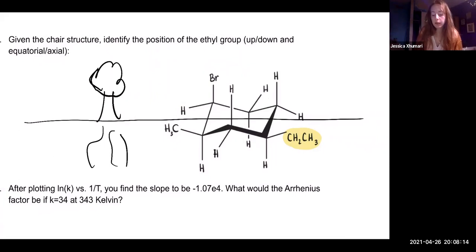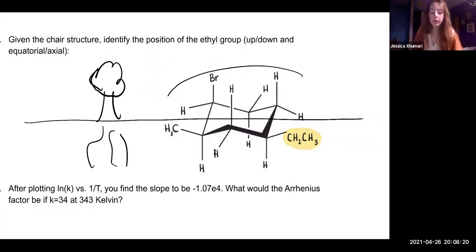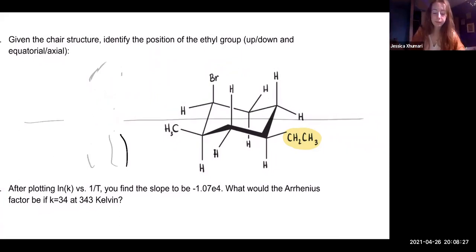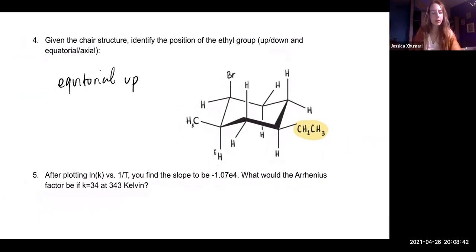Anything below, like these are below, these are like the roots, and then everything above here is simply above the surface, like where the tree is, okay? So that's kind of how to visualize this. So this equatorial is slanted up, right? So it's equatorial up. All right. Any questions on this one?